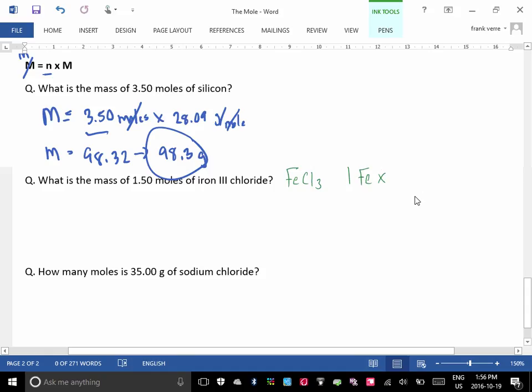And what's the molar mass of iron? 55.85. And we have 3 chlorine atoms, and each chlorine is 35.45, I believe.